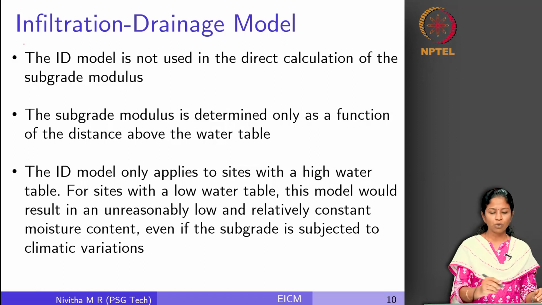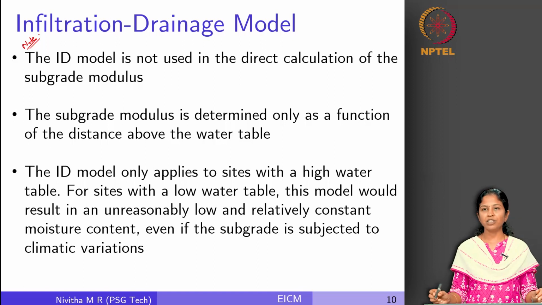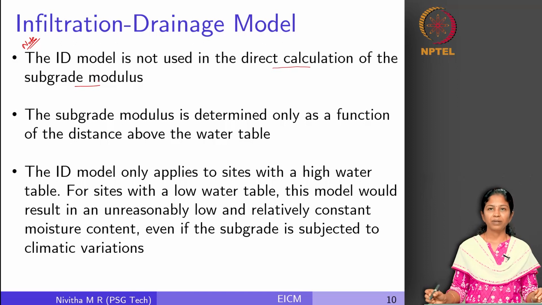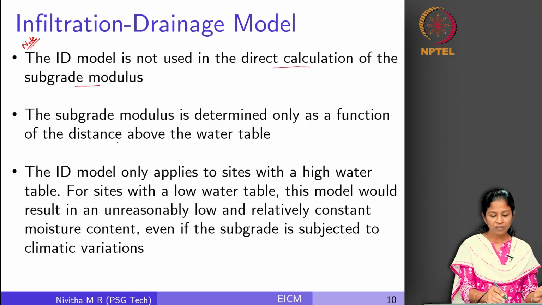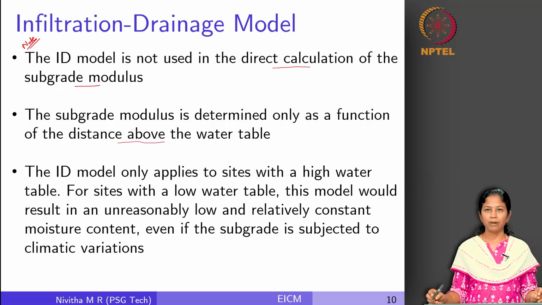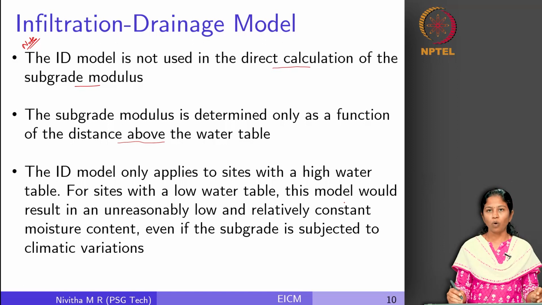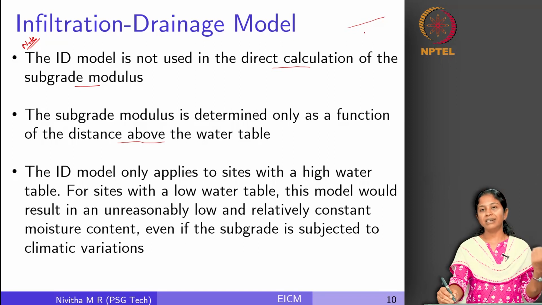Now, there is another note that we have to remember here. This infiltration and drainage model is not used in the direct calculation of subgrade modulus, right. The subgrade modulus is determined only as a function of the distance above the water table, right. So, this variation in water table is only expected to affect the subgrade modulus because the effect of the water content which infiltrates into a pavement may be very small when it reaches the subgrade.